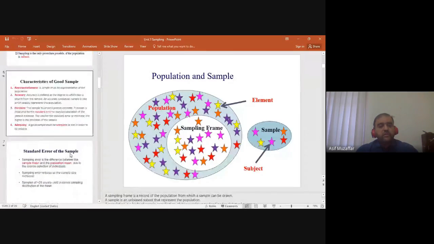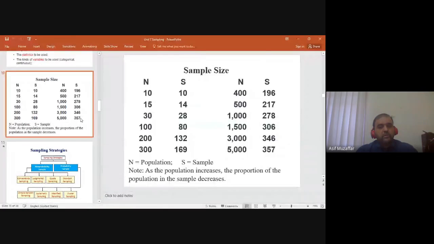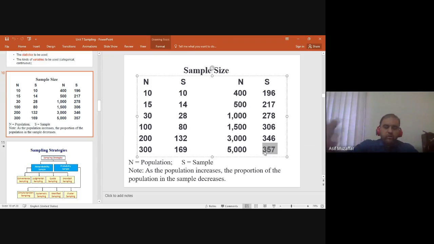So I told you this is the chart, this one. So N denotes the population size, S denotes the sample size. If your population is 5,000 or above, your sample size will be 357. Even if it is 20,000, your sample size should be minimum 357. If more, good.